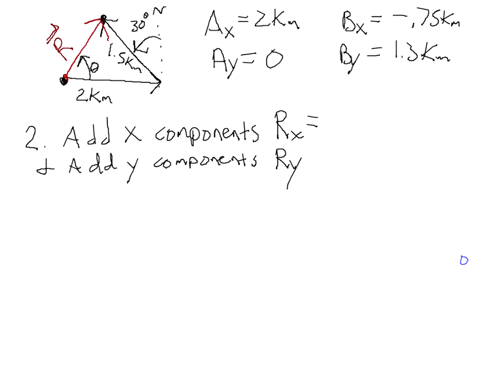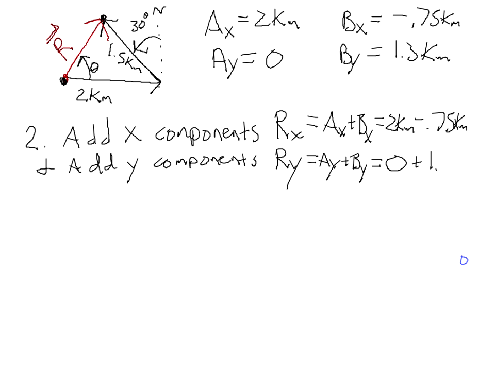Our Rx then is equal to ax plus bx. That's 2 kilometers plus a negative 0.75 kilometers. Our Ry is ay plus by. That is 0 plus 1.3 kilometers.